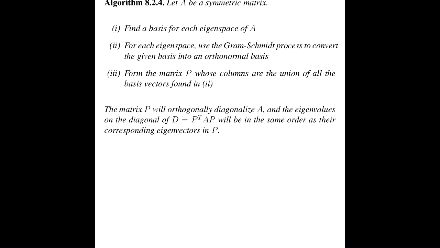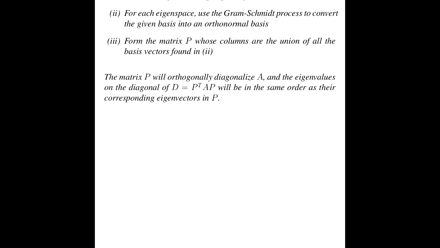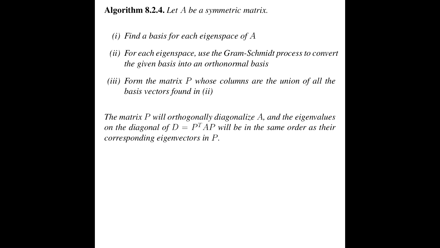Then we will know this P is an orthogonal matrix, and this P will orthogonally diagonalize matrix A. And the eigenvalues on the diagonal of D will be in the same order as their corresponding eigenvectors in P.